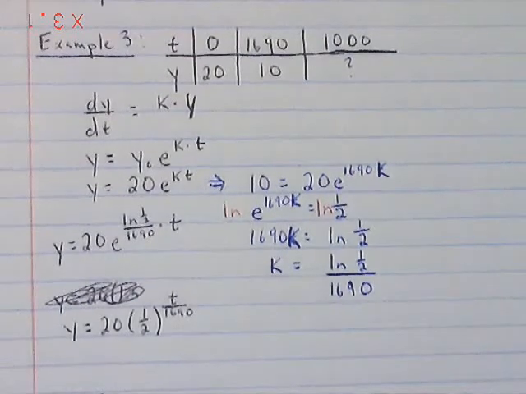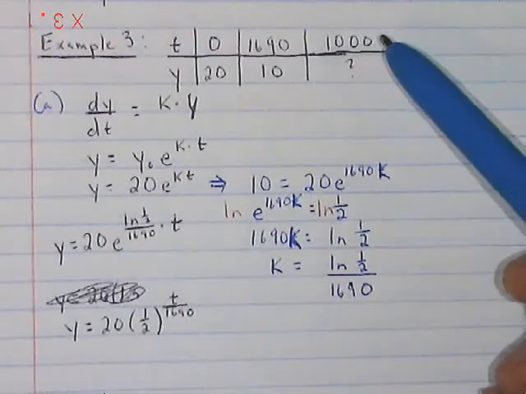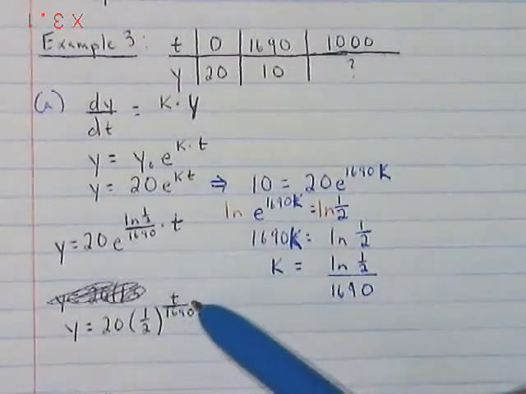All right. And so, if we wish to know how much we have after 1,000 years, just plug in 1,000 for t and see what we get.